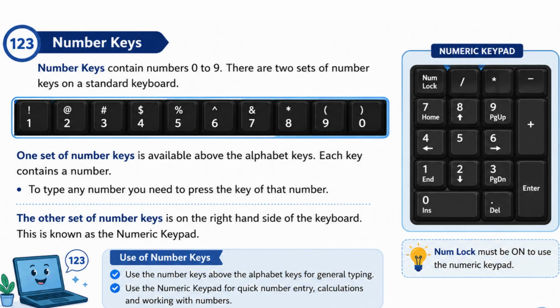One is the set of number keys which are available above the alphabet keys, and it consists of numbers from 0 till 9. To type any number, you need to press the key of that number.